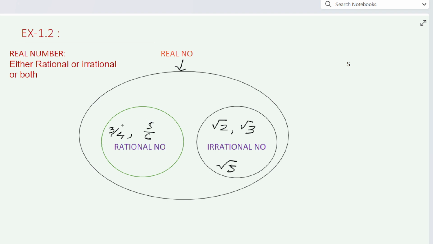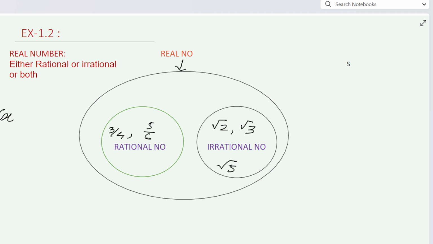So once you have rational numbers and also irrational numbers, all these rational and irrational numbers you can call real numbers. That means all the rational numbers are real numbers, all the irrational numbers are real numbers. So a real number is either rational or irrational.